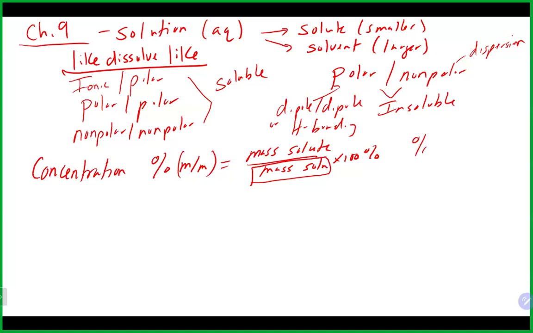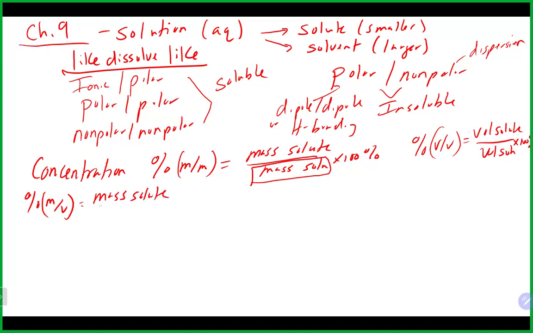There's also percent volume to volume, which is the volume of solute divided by the volume of solution. I ran out of room there, but times 100% if I squeeze it in there at the end. We also had percent mass to volume, which is the mass of the solute divided by the volume of solution times 100%.